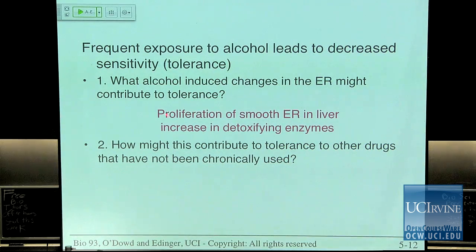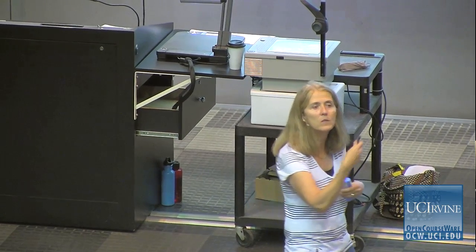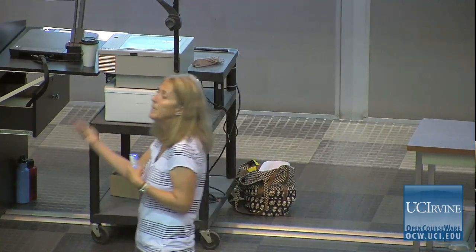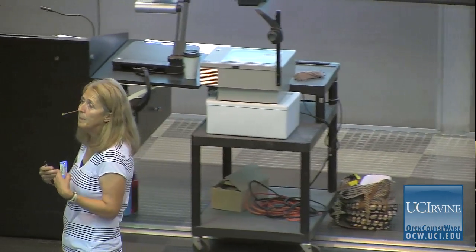And in fact, that's what's happened. What happens is proliferation of smooth ER in the liver, and it increases the concentration of detoxifying enzymes, and so detoxification occurs more rapidly. So taking this one step further, how might this contribute to tolerance to other drugs that haven't been chronically used? Somebody who's used a lot of alcohol may be tolerant to levels of a barbiturate that I might not be tolerant to. Why is that true?